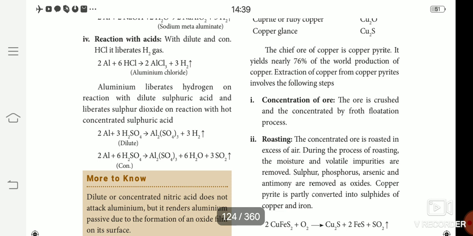Copper pyrites is partially converted into sulfides of copper and iron.